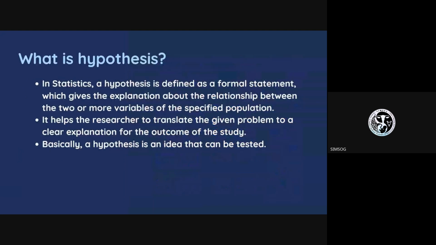What is hypothesis? In statistics, a hypothesis is defined as a formal statement which gives an explanation about the relationship between two or more variables of the specified population. It helps the researcher to translate the given problem to a clear explanation for the outcome of the study.